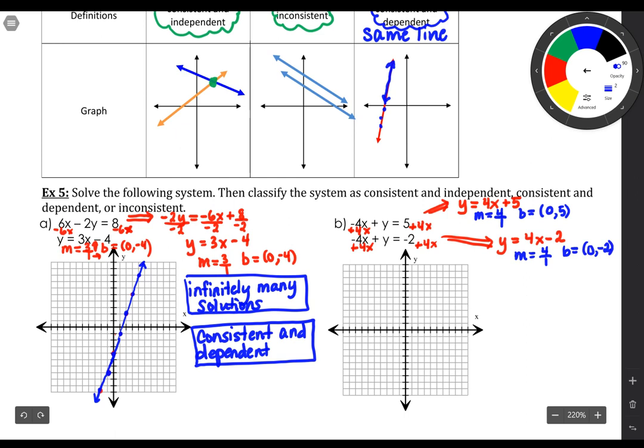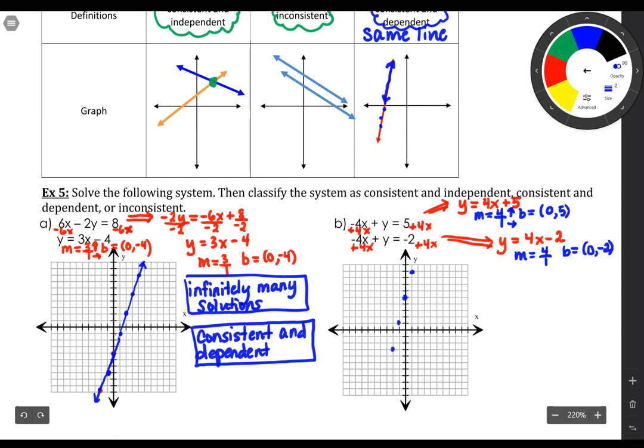Let's plot the first equation. Start at your y-intercept, so 0, 5. Go up 4, right 1. Guess I don't always put the arrows here. It's just habit because I know how to do it, but if you're one of those people who needs direction, write it down or go down 4, left 1. 1, 2, 3, 4.